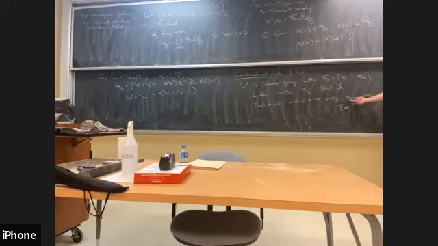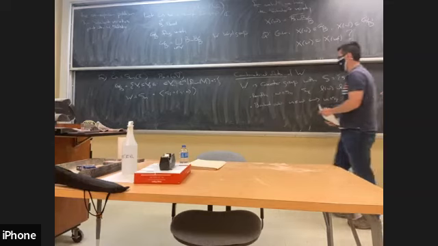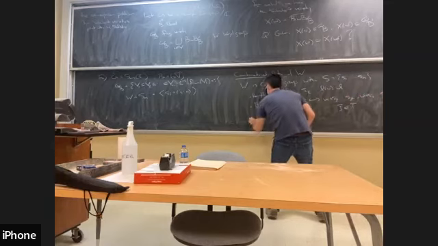You just need to find two reduced expressions, such that this expression is a subsequence of this expression, and you just impose this order on your Weyl group.